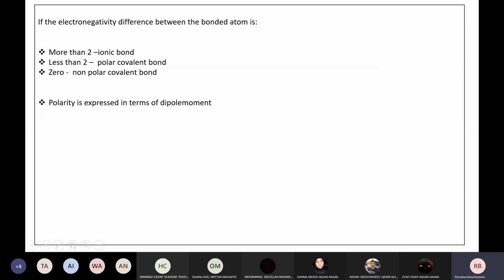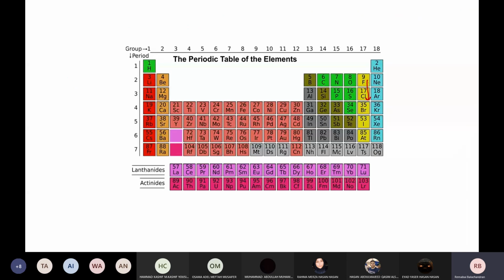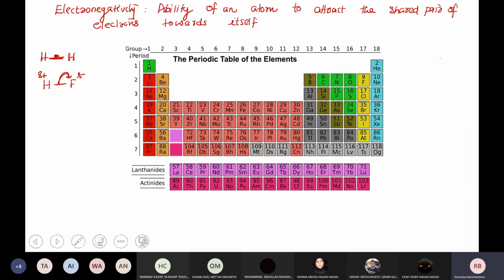This symbol means delta. Delta means it's small, okay? So in the first case, electrons stay in the middle, whereas in the second case, electrons stay closer to fluorine. It's a little far from hydrogen and closer to fluorine. So this is the meaning of the term electronegativity. Did you get it? Understand?